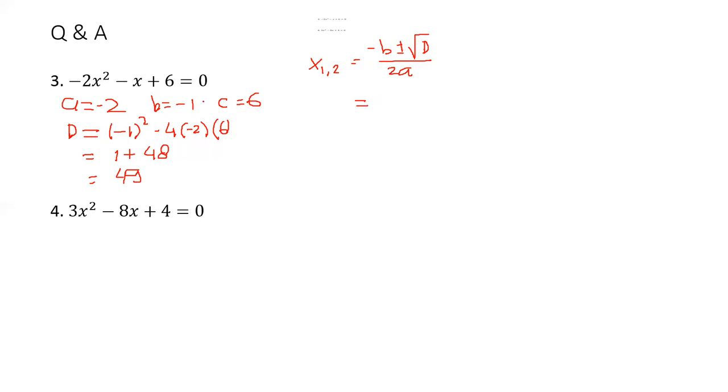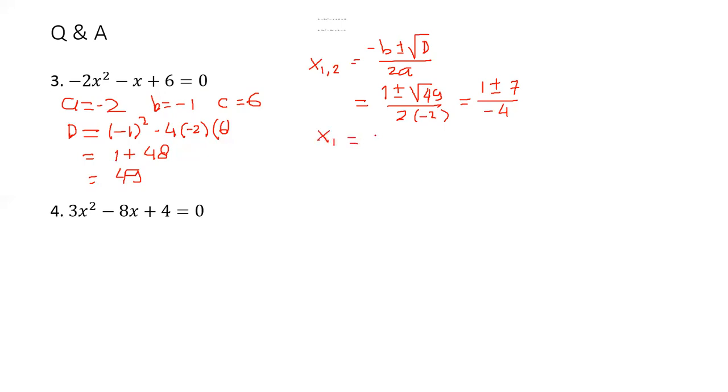It means negative b, where b equals -1, so positive 1, plus and minus square root of 49, over 2 multiplied by -2, equals 1 plus and minus 7 over -4.